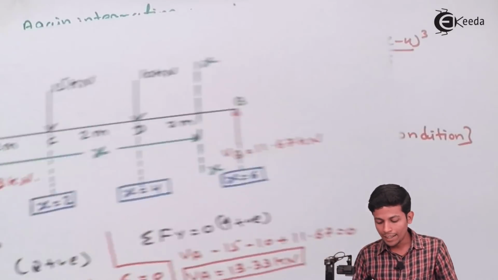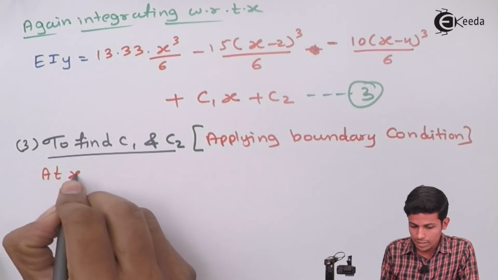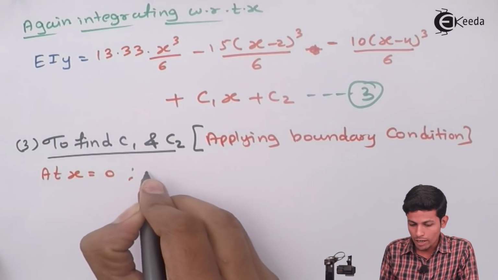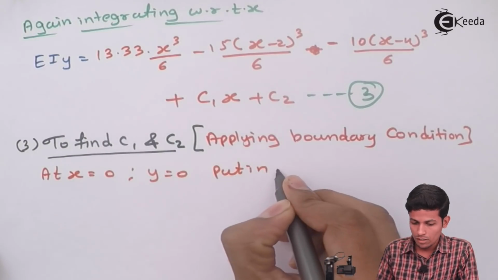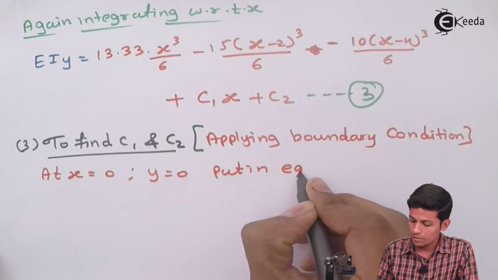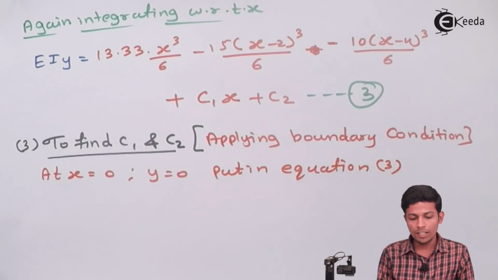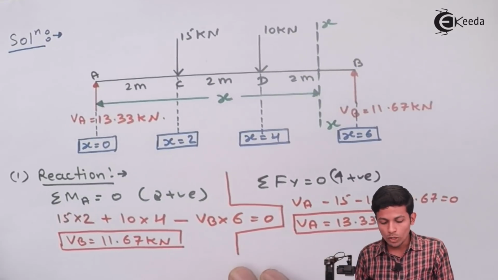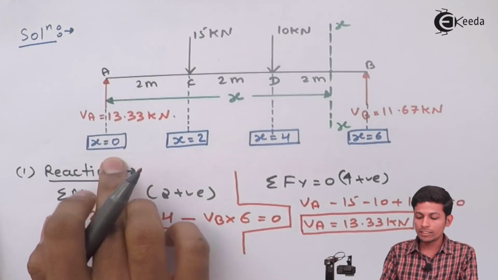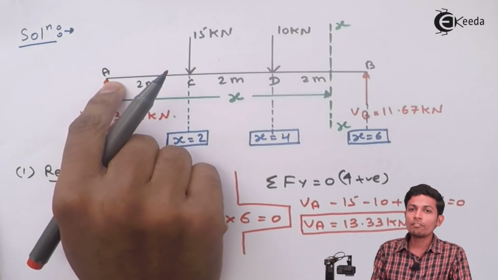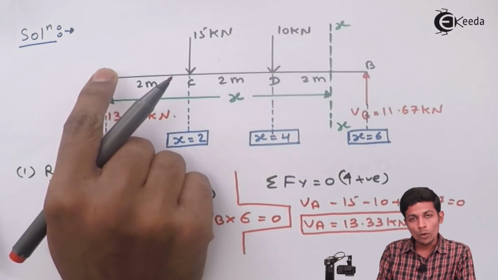Write it over here: at x is equal to 0 and y is equal to 0, put in equation number 3. Here the value of x will be 0. And what about the deflection? At the corner, deflection is always 0. That's why we are taking x is equal to 0 and y is equal to 0.